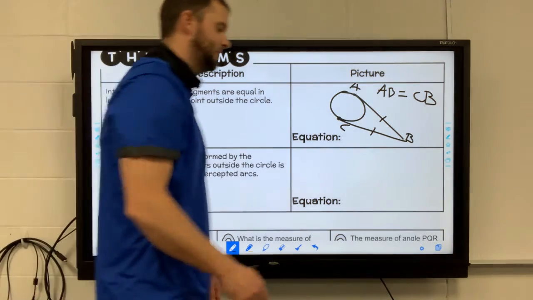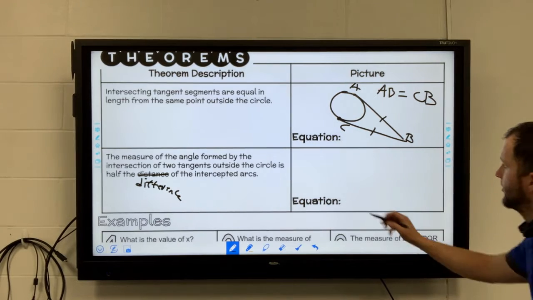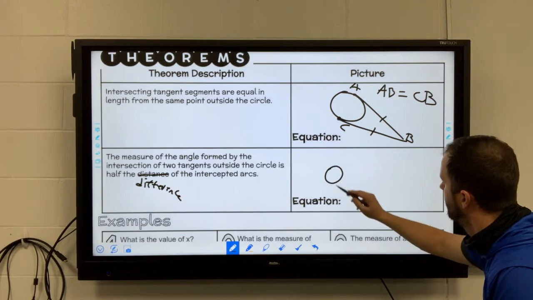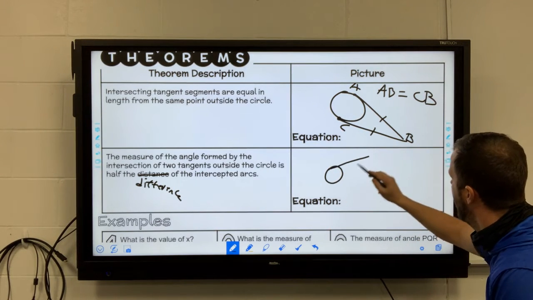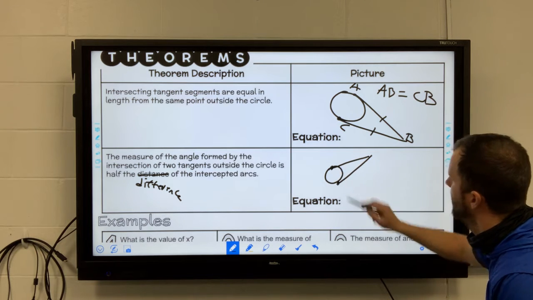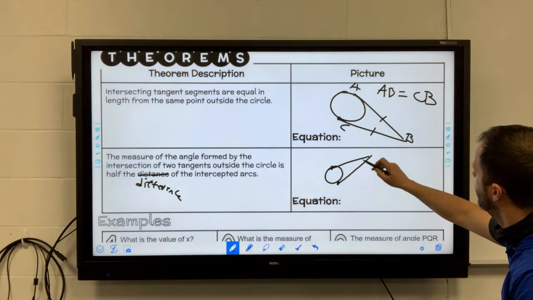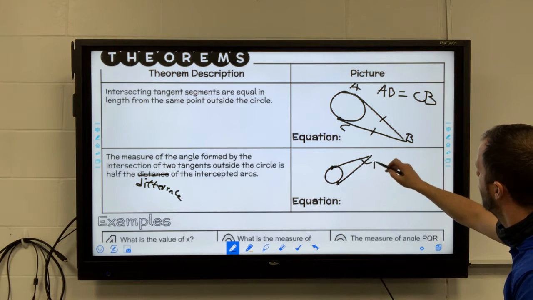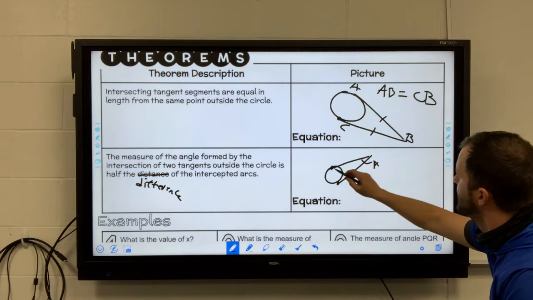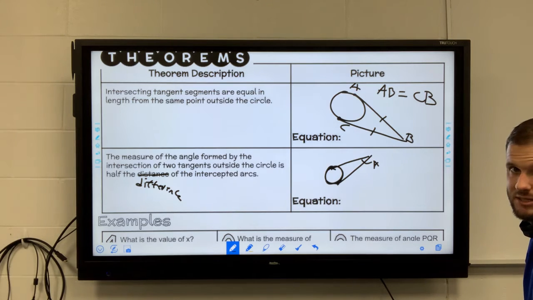And what that means is, if I have a circle down here, and I have two tangent lines, meaning touching at exactly 1 point, and they're intersecting outside, if I wanted to find this angle, and I'm going to call that angle A, I need to take the two arcs, subtract them, and divide by 2.